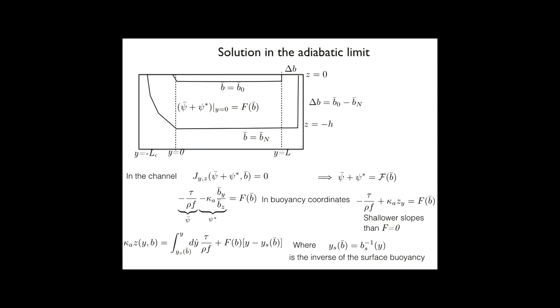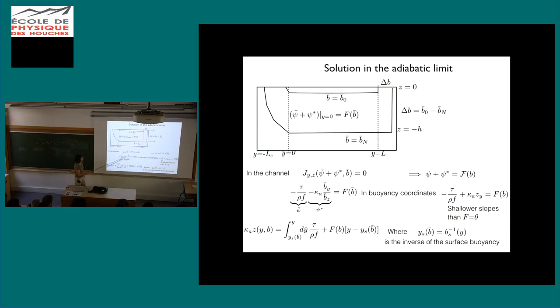So when you do the patching here, so here's the equation. Now, psi bar, the residual circulation, is a function of the buoyancy. And if you use Gent-McWilliams, you write this in buoyancy coordinates. And you can actually integrate this because now you're in buoyancy coordinates.